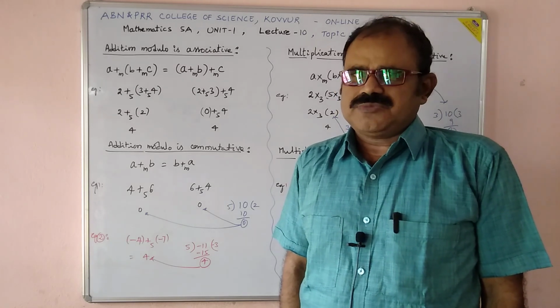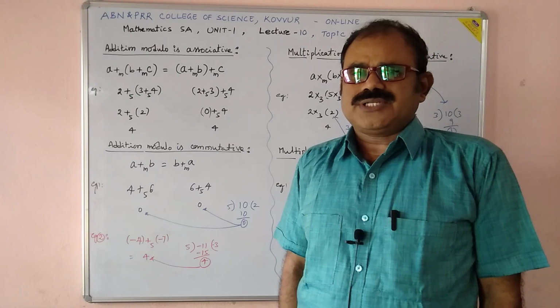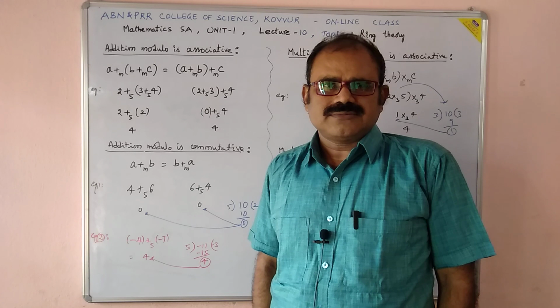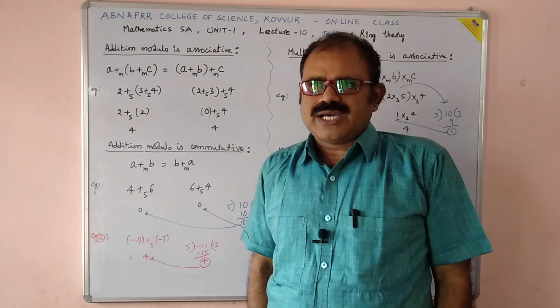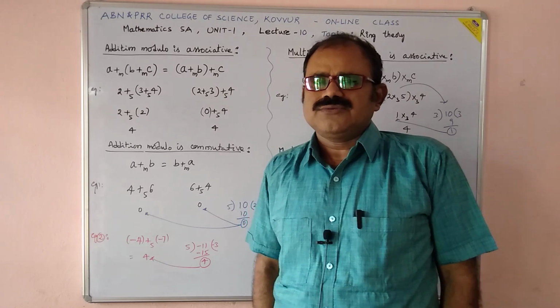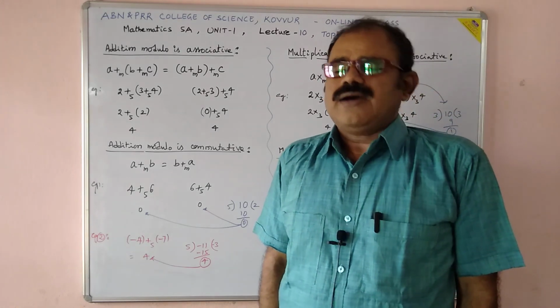With respect to addition modulo 5, that should be an abelian group: closure law, associative law, existence of identity, existence of inverse, and commutative law. And with respect to multiplication modulo 5, we should see whether that is a semigroup or not. For that, we need two axioms: closure law and associative law.